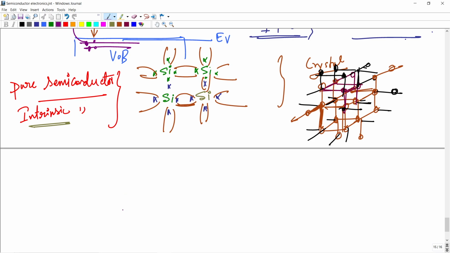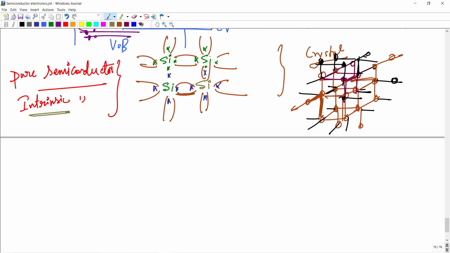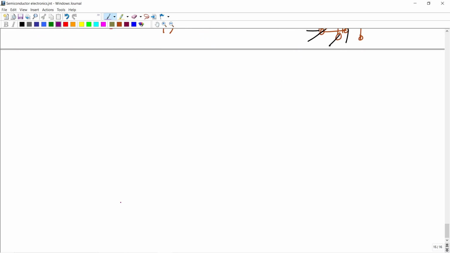Silicon and germanium are pure semiconductors. Suppose I draw a germanium band diagram and a silicon band diagram, both are the same. Suppose you draw the diagram with silicon, and here silicon, silicon.